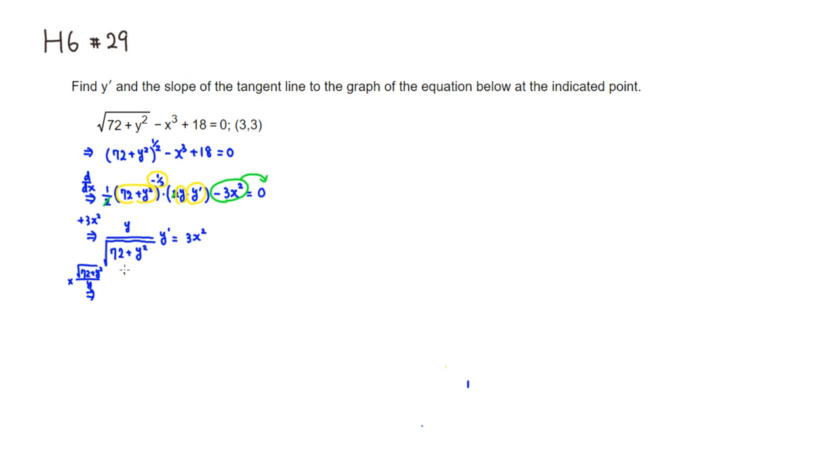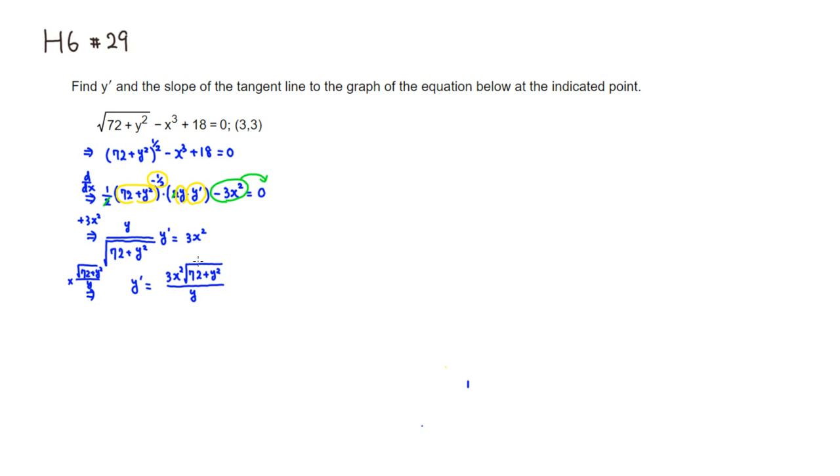That way y prime is all by itself. Then you have y prime equals 3x squared times the square root of 72 plus y squared, divided by y.